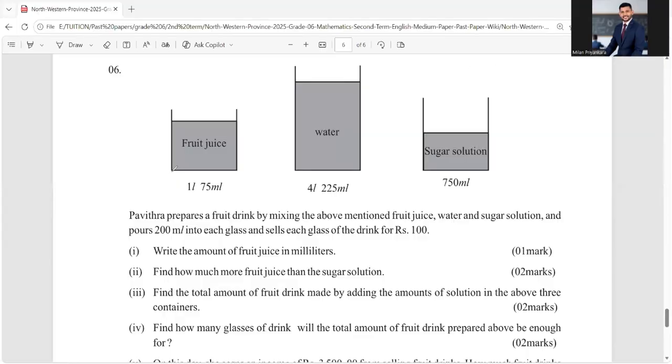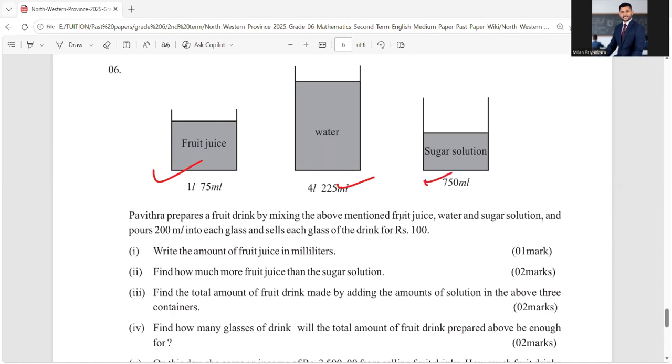Okay, let's move to the 6th question. Here, we have fruit juice, water, sugar solution. Pavitra prepared a fruit drink by mixing the above mentioned fruit juice, water and sugar solution, right?